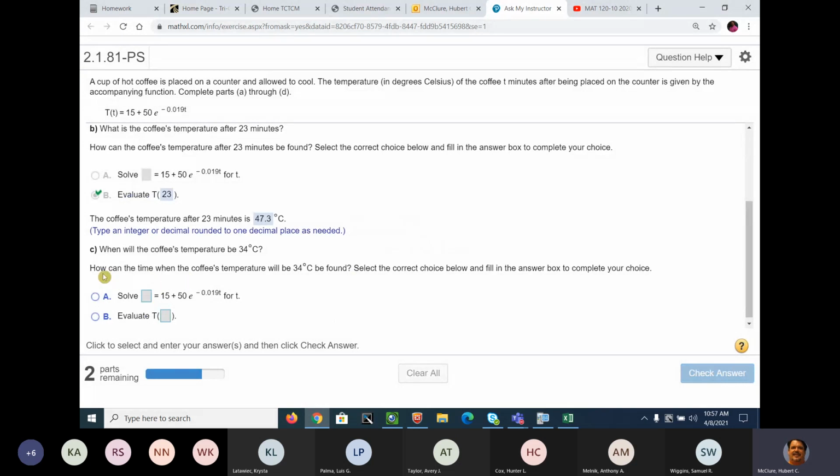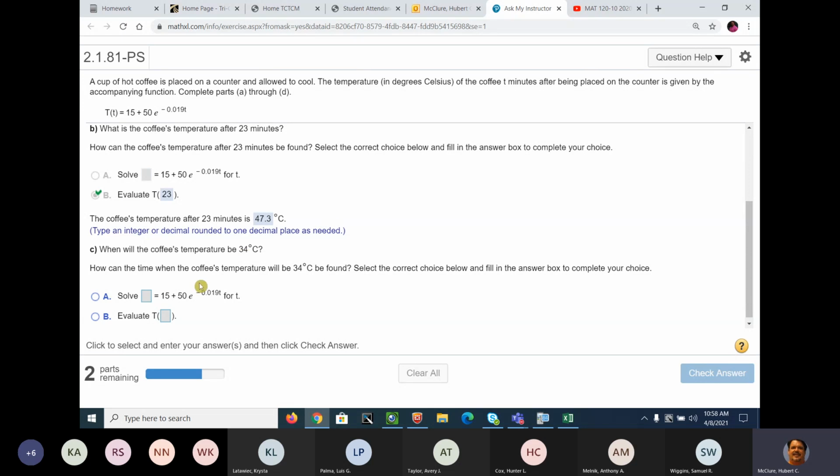Wait a minute, this one: when will the coffee's temperature reach 34 degrees Celsius? Well, there you're going to set y equal to 34. So I'll start this one for you.